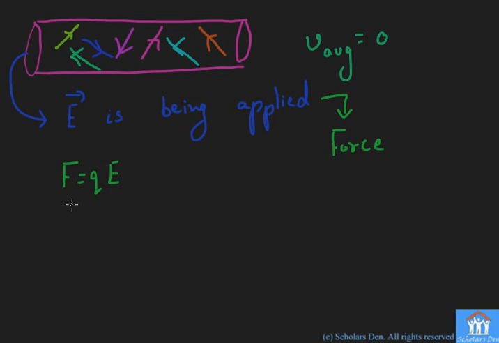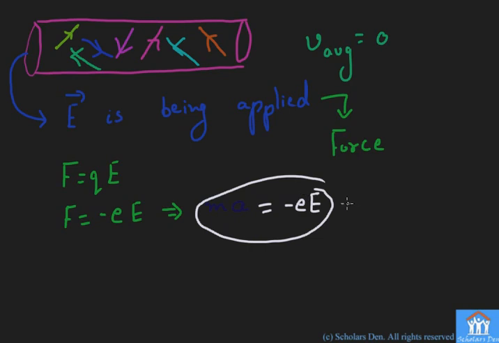This force acting on a single electron I can write as minus eE. In place of force, I can write mass into acceleration, so mass into acceleration is equal to minus eE. By using this expression, I get the acceleration: a is equal to minus eE by m.